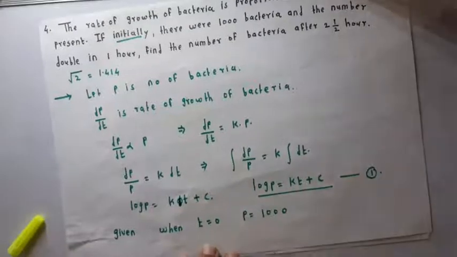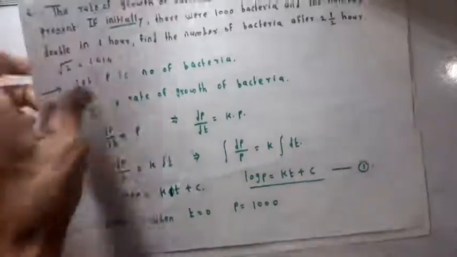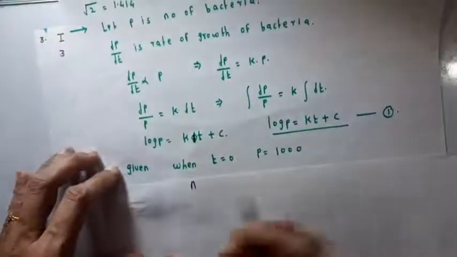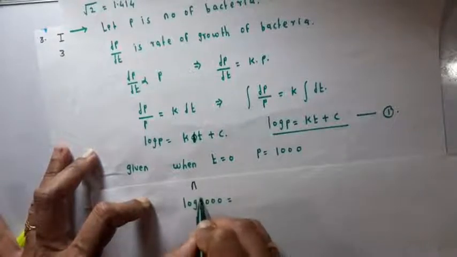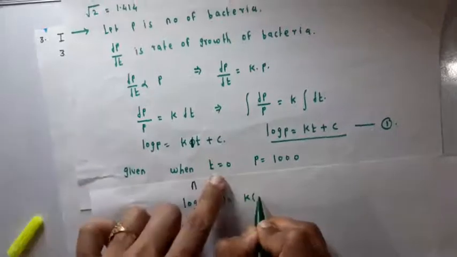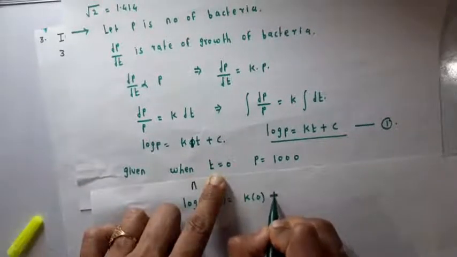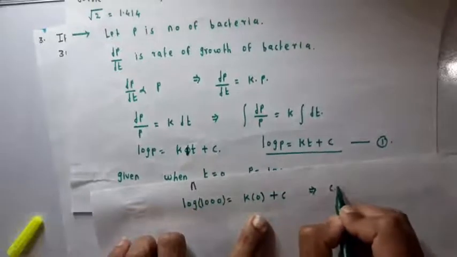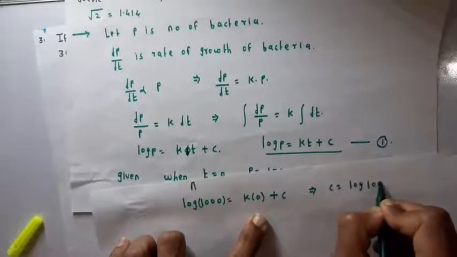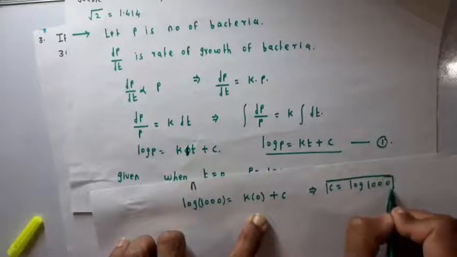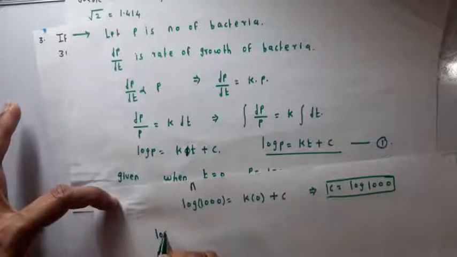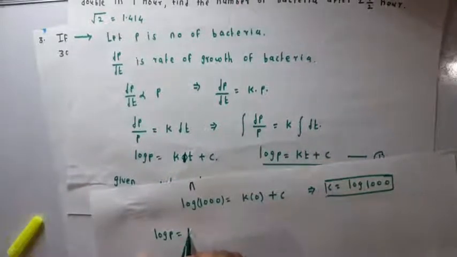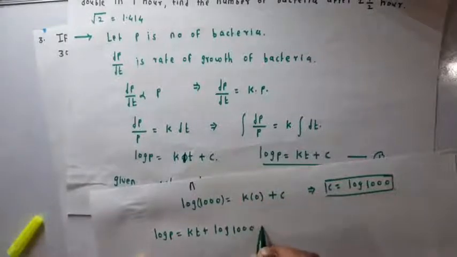We will get log of 1000 equal to K into t, the value of t is 0 because initially the time is 0, plus c, and this implies c equals log of 1000. Okay, so put the value of c in equation 1. We get log of P equal to Kt plus log of 1000. Now this is equation 2.